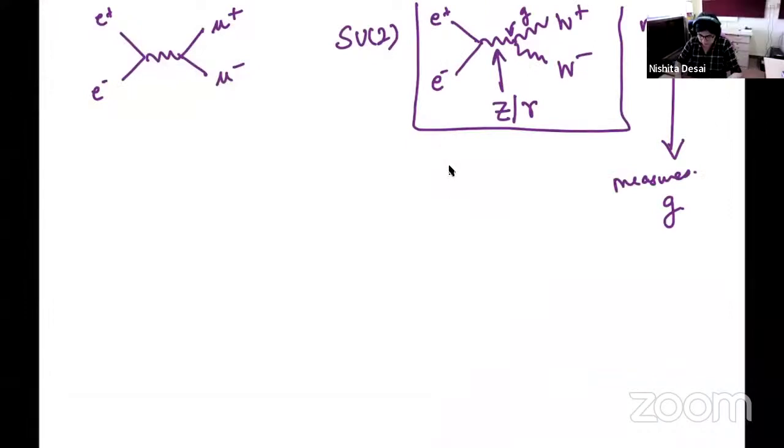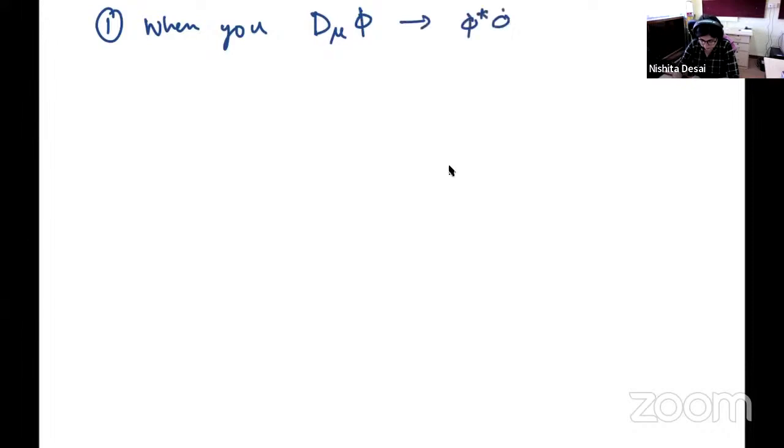Okay, all right. So then we can continue with the Higgs mechanism. There are two ingredients that we've sort of collected. The first ingredient was, when you operate your covariant derivative on your scalar field, that gives you a term that looks like phi star phi A_mu A^mu.